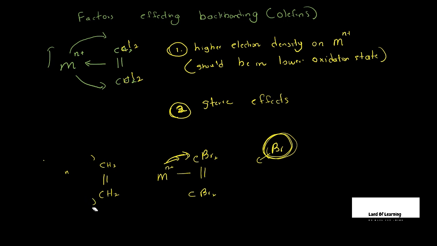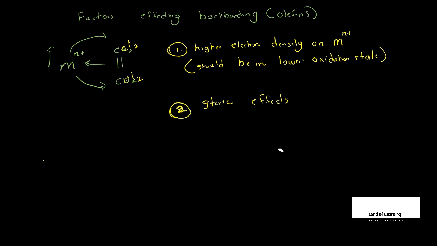And the other main thing is electron acceptor strength, or in normal ligands we call it pi acceptancy, like we talked about in our previous video.